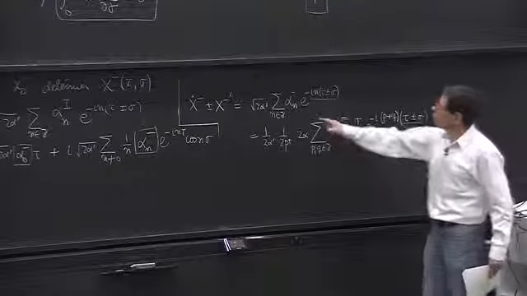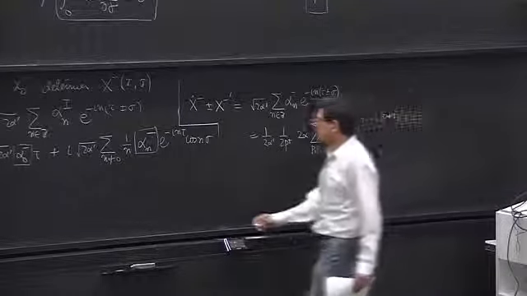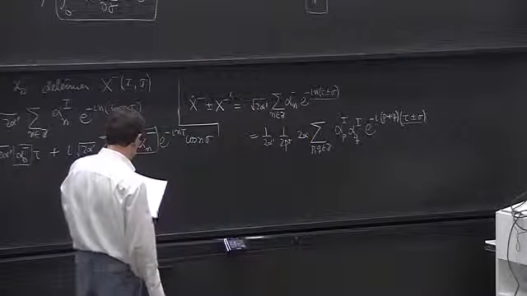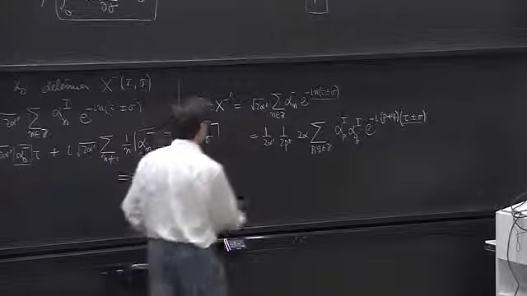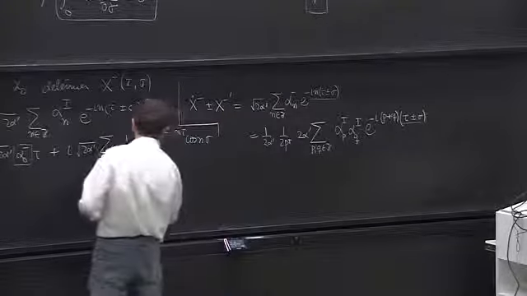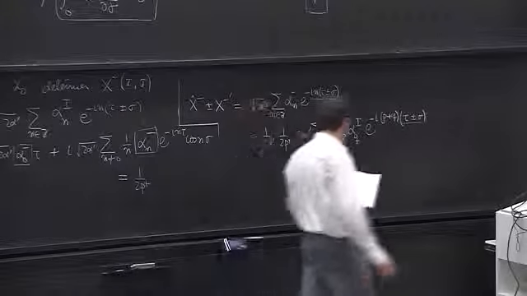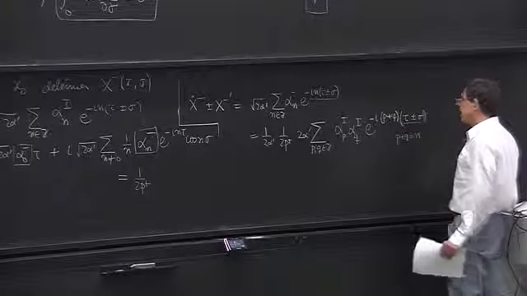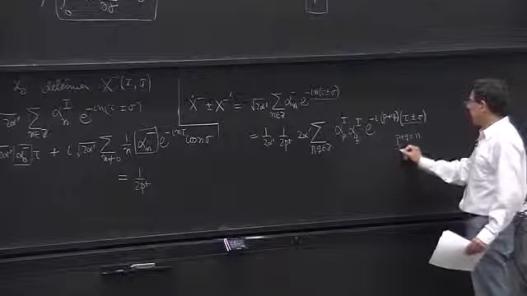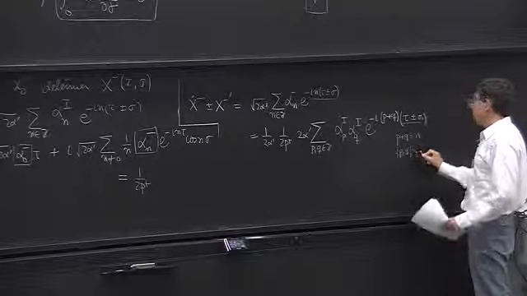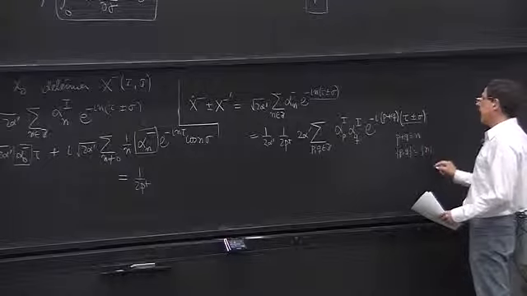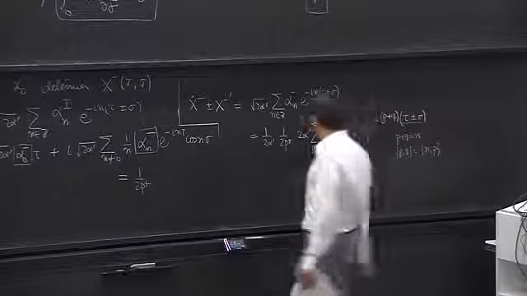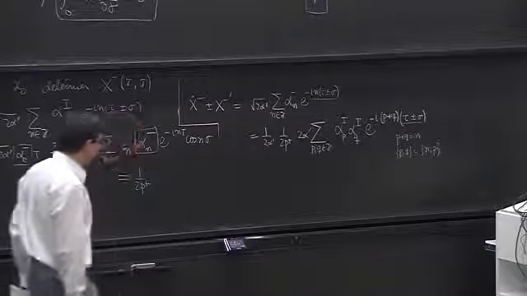So this can be used to find alpha n. In fact, I'll go all the way up to here. The 2 alpha primes cancel, 1 over 2p plus. And what I'll do here is I'll call p plus q, I'll call it n. And I will sum, instead of summing over p and q, I will sum over n and p. So change the labels of the sum.